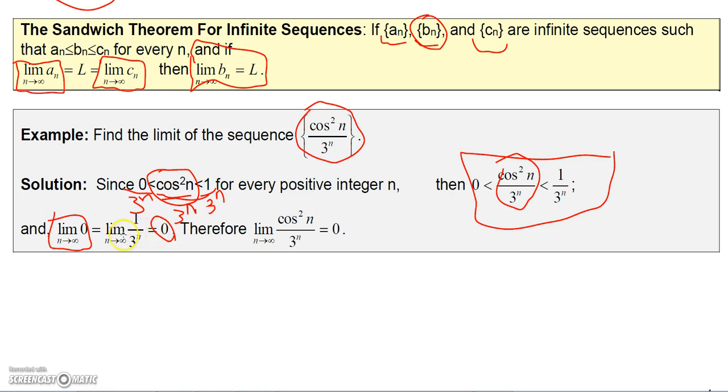So therefore, since the limit of 0 goes to 0 and the limit of 1 over 3 to the n goes to 0, and since our sequence, cosine squared of n over 3 to the n, lies between the two, then we can confidently say that the limit of that sequence is also 0. And that's from the sandwich theorem, also known as the squeeze theorem.